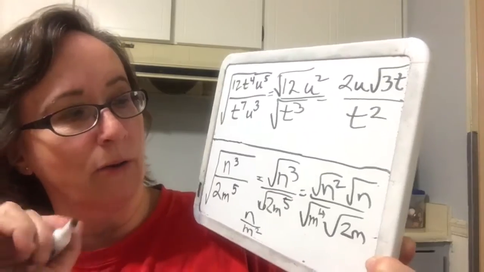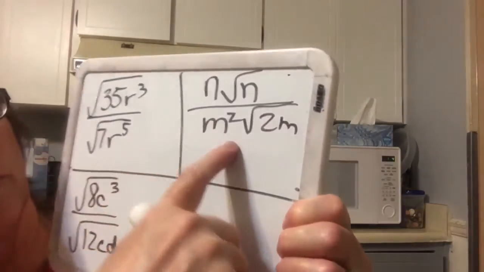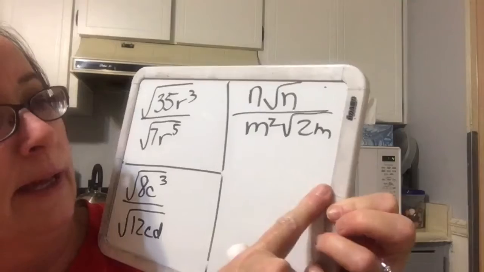Okay, so let me get another board here. We'll just finish this one up on this board. So we've got n over m squared and we have the square root of n over the square root of 2m. So this is what we had right now. Right here, this is where we are.